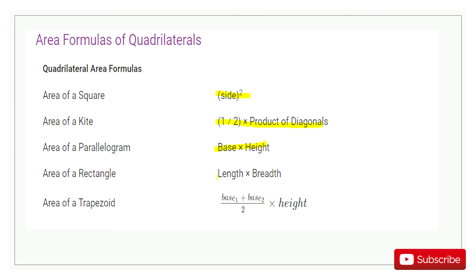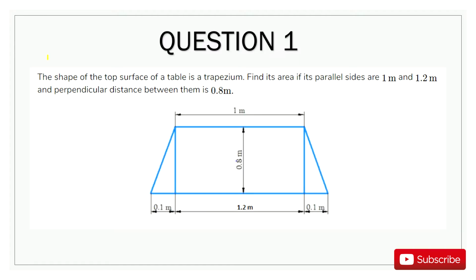Then we have area of a rectangle, which is length into breadth, and area of a trapezoid is 1 by 2 into (base 1 plus base 2), that is the sum of the parallel sides, multiplied with the height. This is very important for you all to understand, the formulas to solve the questions on quadrilaterals. Let us begin with the first question for the day.